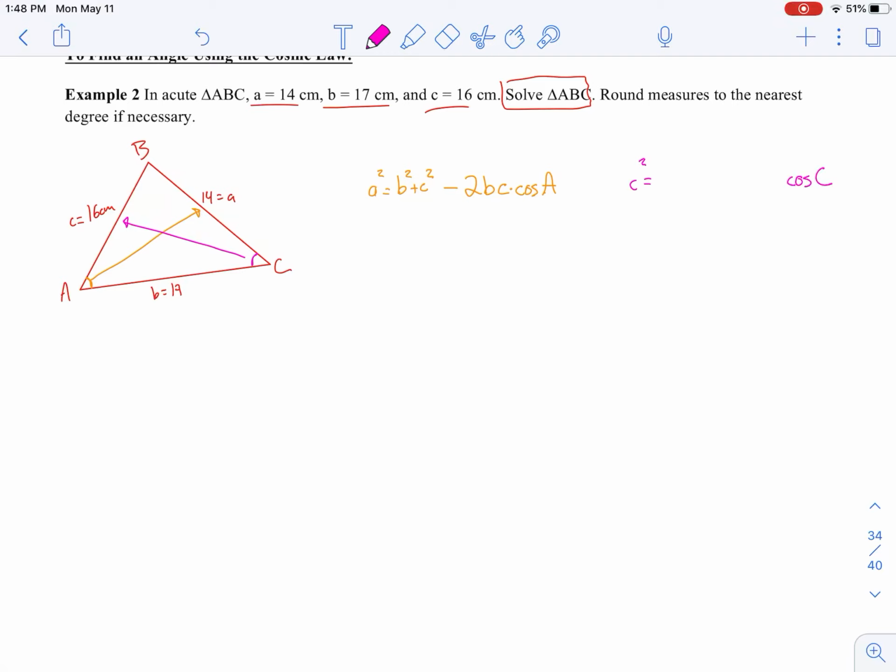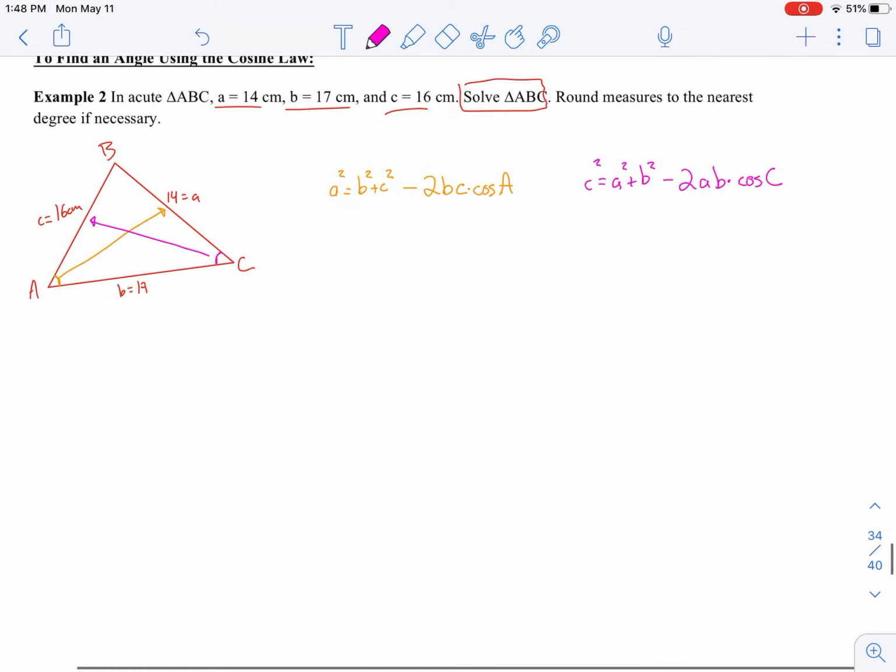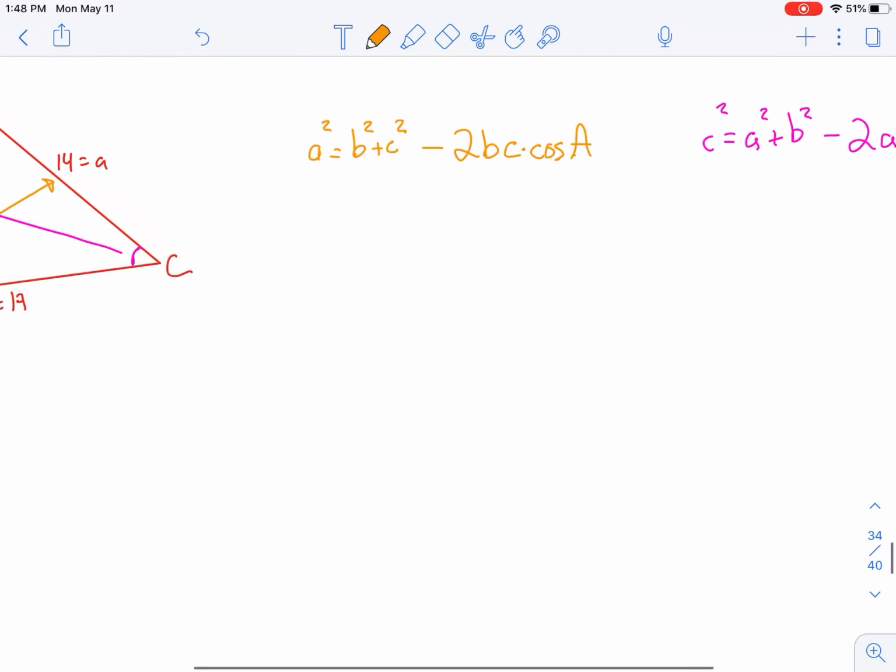Then the other letters don't matter too much. I'll go alphabetical order. a squared equals a squared plus b squared minus 2 times a times b times cos C. Does that make sense? You can see how I could do this the third time for b as well, but I'm not going to. So let's solve for angle A first.